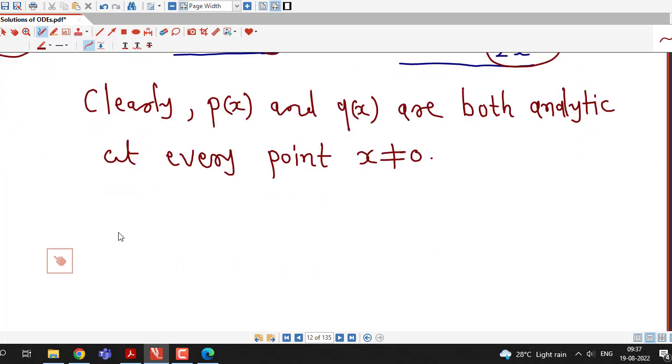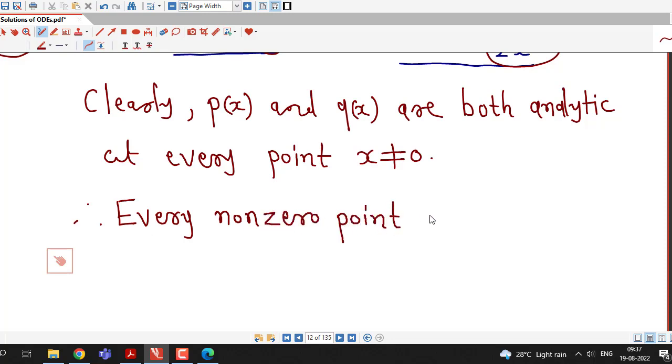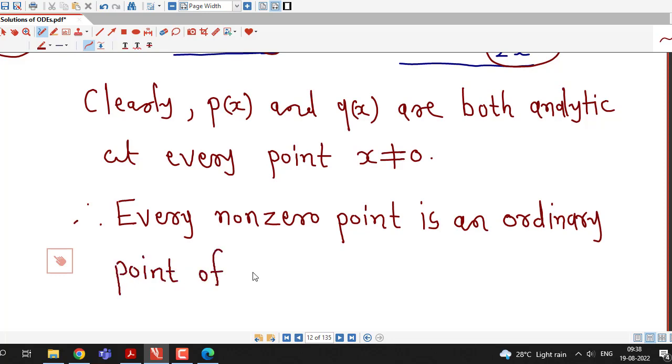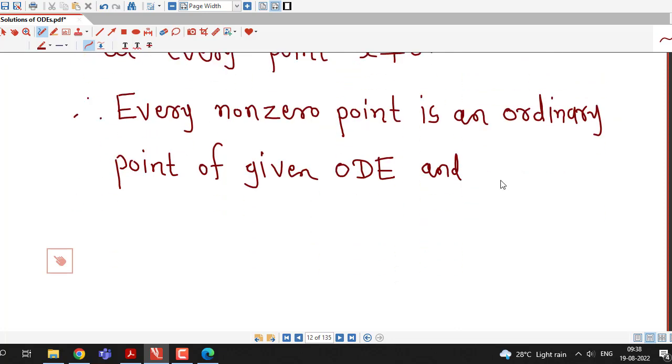This means every non-zero point is an ordinary point of the given differential equation. Every non-zero point is an ordinary point of the given ordinary differential equation, and x equal to 0 is not an ordinary point.